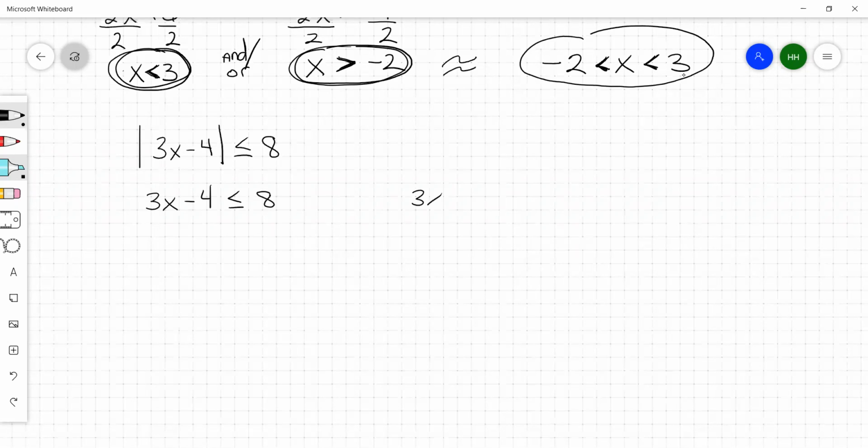You got 3x minus 4 greater than or equal to negative 8. Solve them both. You get 3x less than or equal to 12. You divide by 3. You got x less than or equal to 4.